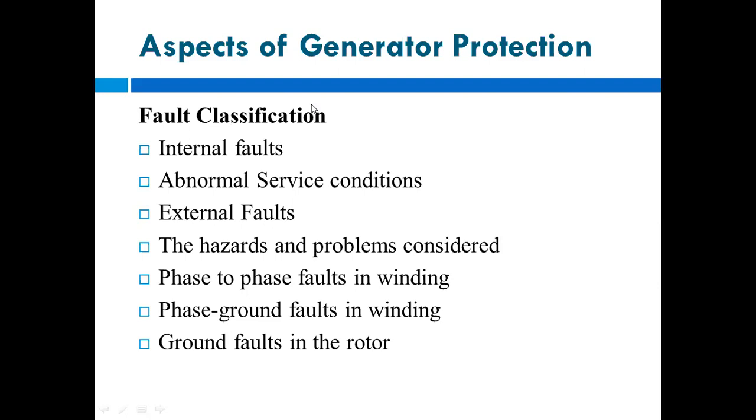And phase to ground faults, which is a single line to ground fault. Then ground faults in the rotor: you can consider the double line to ground fault also, whatever ground faults occur in the rotor. So these are the different faults occurring in this generator.